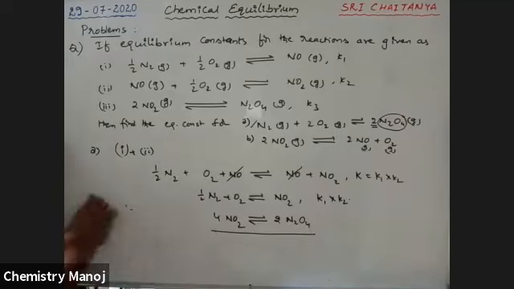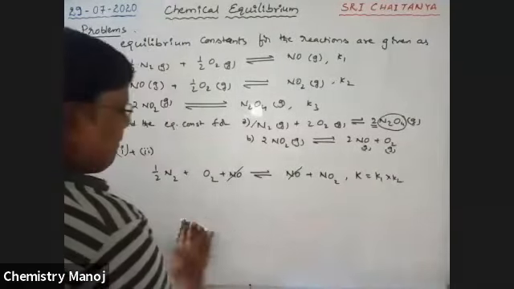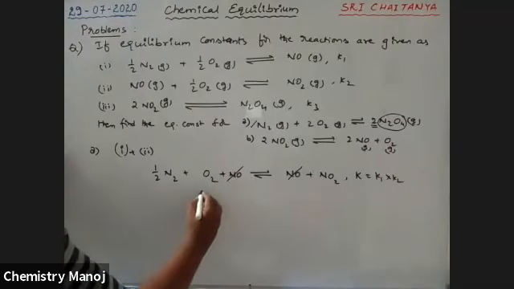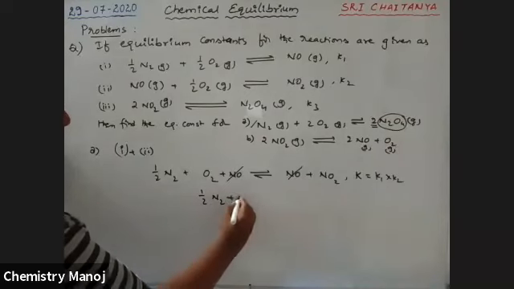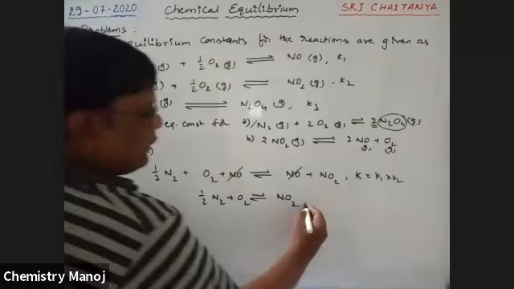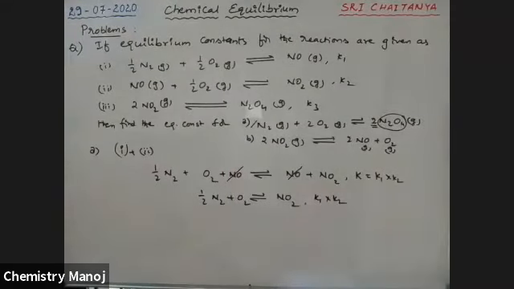So that is half N2 plus O2 reversible with NO2, with K1 into K2.